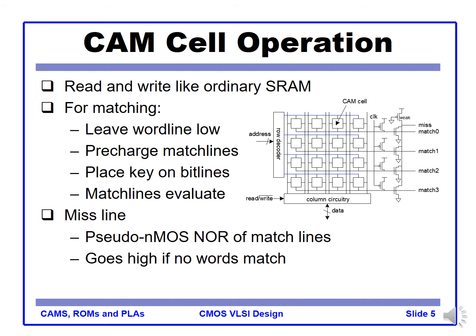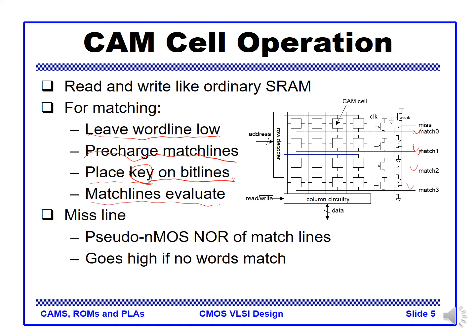This is the overall block diagram of the CAM array. We can show how it operates in this sequence. First, we leave the word lines all 0, so disable all the word lines, and then precharge the match lines to VDD. Here, all the match lines are precharged to VDD, and then we assert the key contents on the bit line, right? And then wait for the match line state.